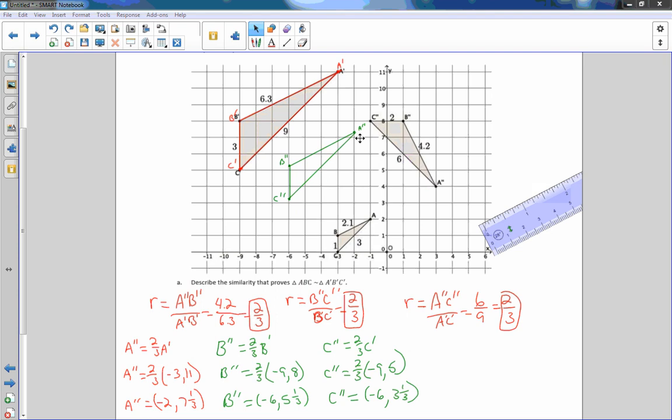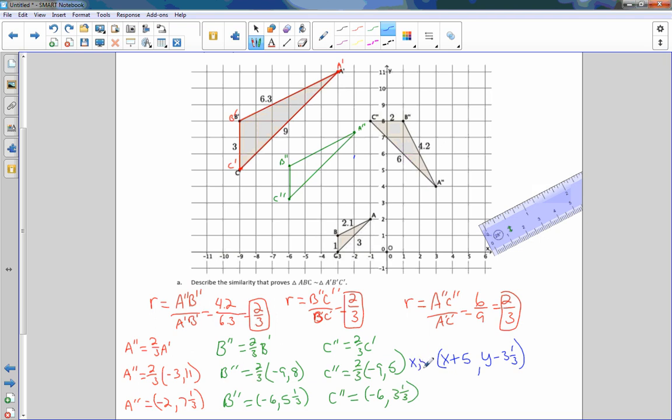If I move A to A, I've got to go down 1/3, 1 1/3, 2 1/3, 3 1/3. To get A double prime down here, I went down 3 1/3, so that's y minus 3 1/3. To get A over to here, I went from -2 to 3. That's a right shift of 5.